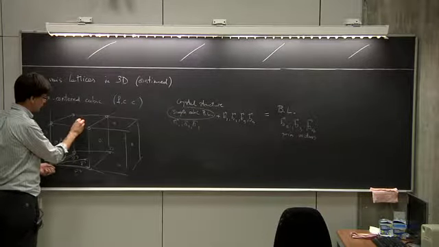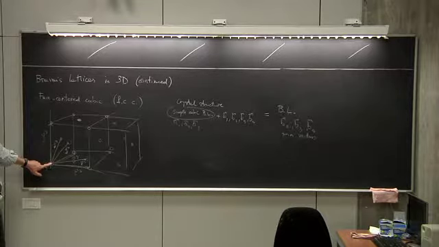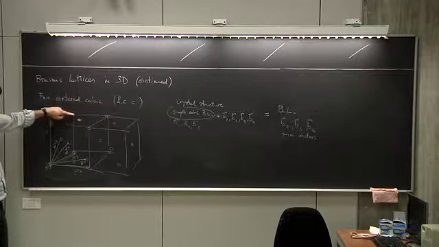Suppose I want to reach this point. Can anybody tell me how I can reach this point using B2, B3, and B4? Can you see that? So, sorry? 2 times B4. If I go 2 times B4, I end up here.